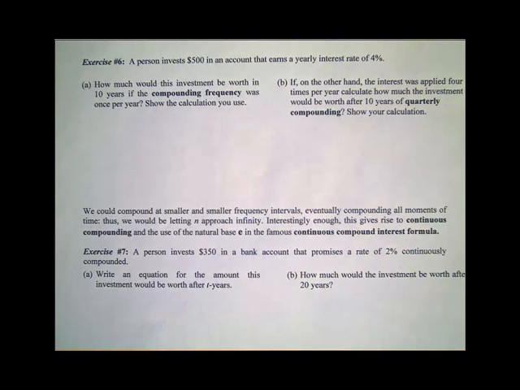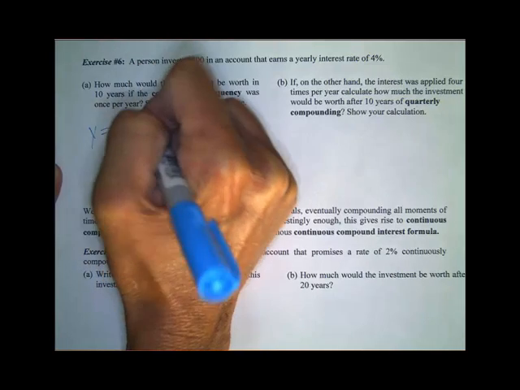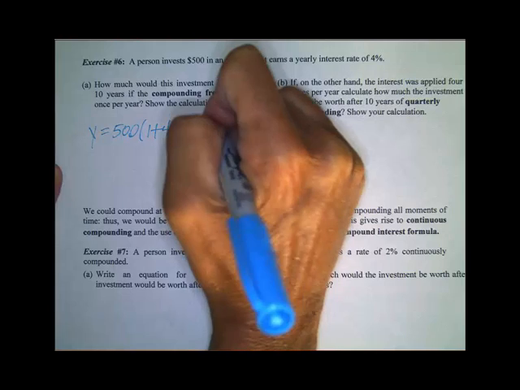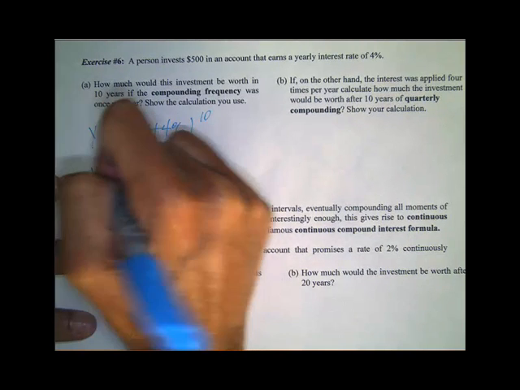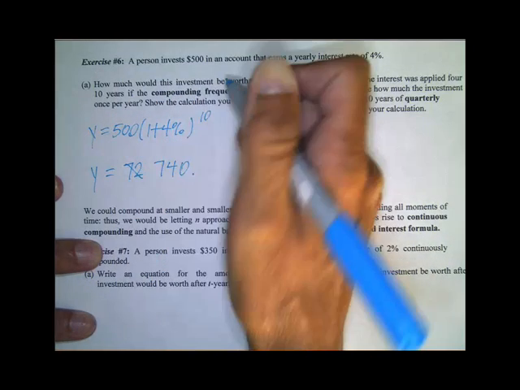So y equals 500 times 1 plus 4% to the 10th. And remember, this is money, so it goes to 2 decimal places. So our account will grow to $740.12.